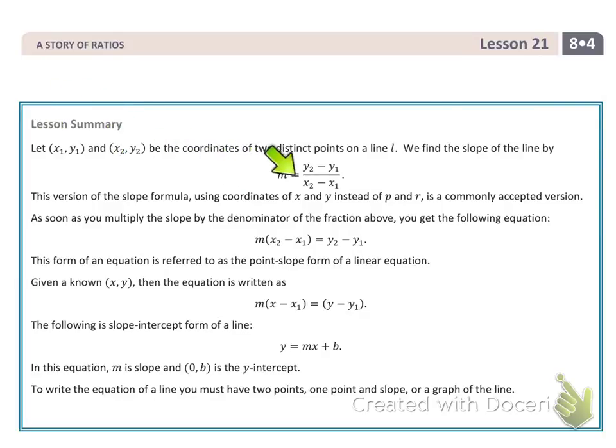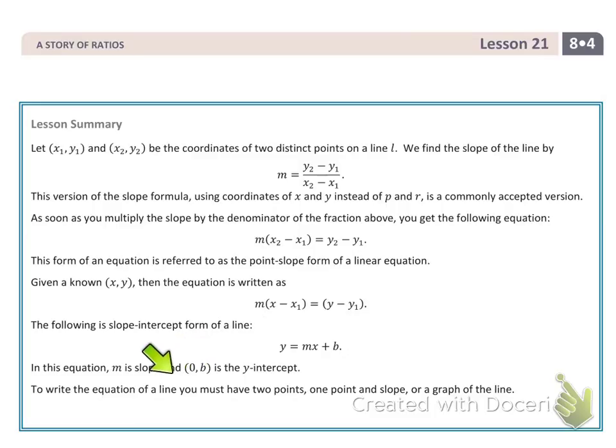Okay, but it's the same idea of the difference in the y over the difference in the x. And we're given this equation here, known as the point-slope form of a linear equation. That's what this is. We already knew the slope-intercept form right here.